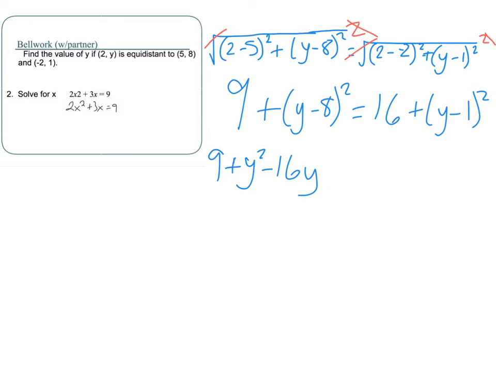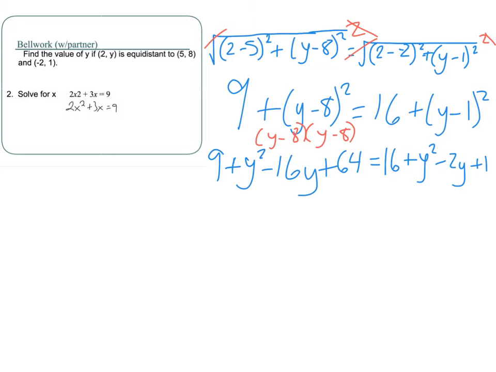All right, so negative 8y and negative 8y give me negative 16y plus 64. And if you're a little confused on that, just think about it as y minus 8 times y minus 8. You might want to write it out like that if you're not comfortable doing it right now, but being able to do it in your head is a time saver. And then here I'm going to have 16, plus y squared minus 2y plus 1.